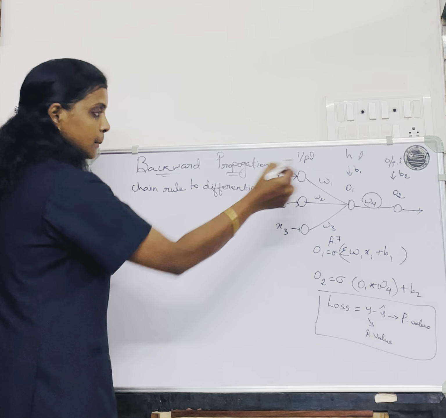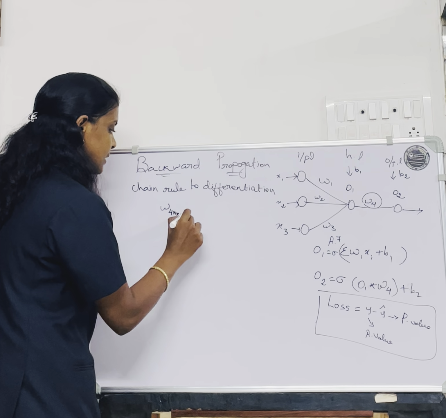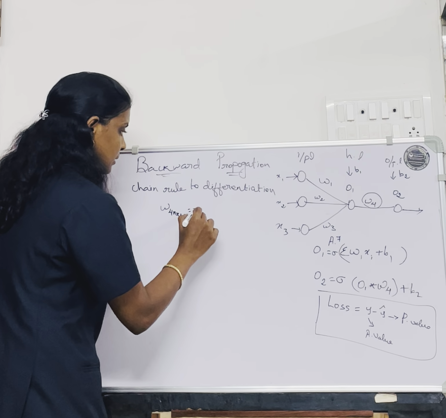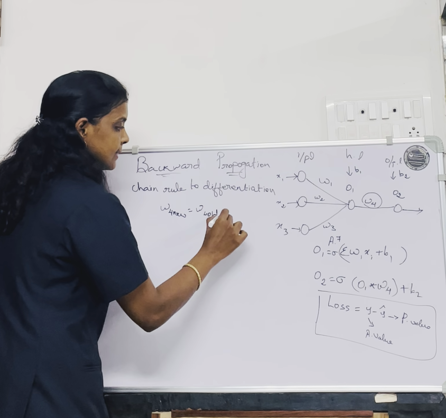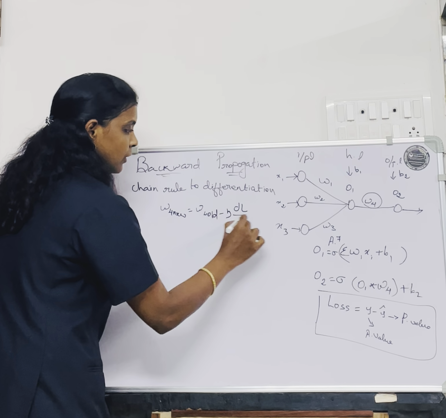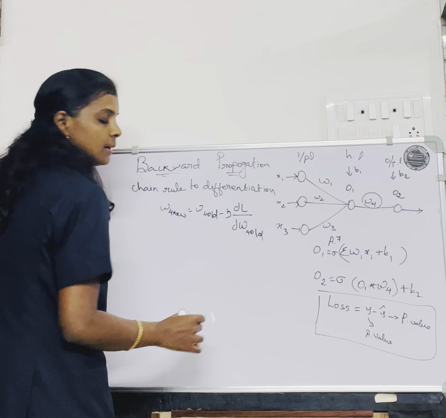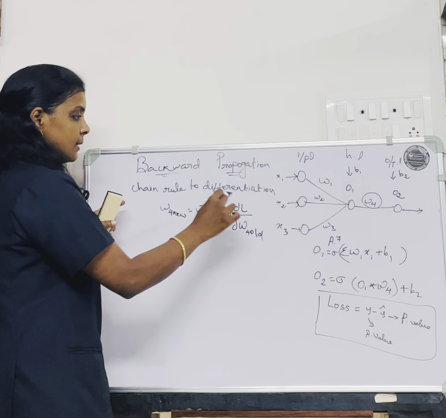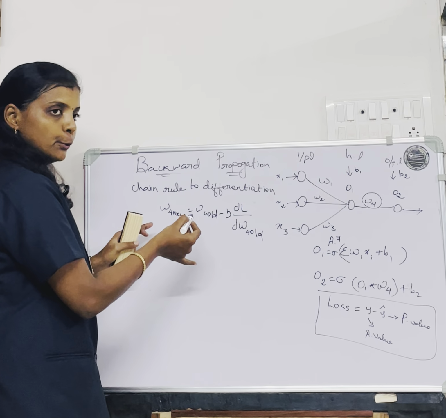Okay. For example, W4 new means W4 old minus learning rate times derivative of loss with respect to derivative of W4 old. Okay, this is a formula I already explained clearly. W4 new.